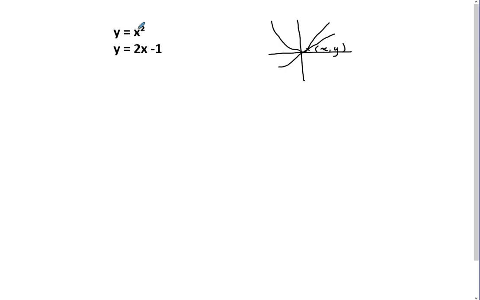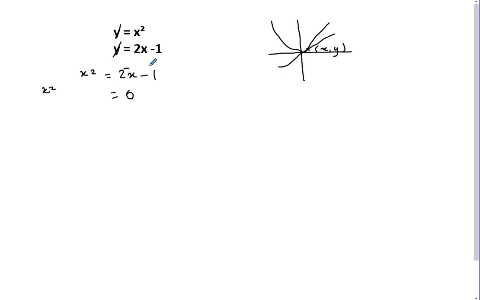So you go y equals x squared, y equals 2x minus 1. If y is that and y is that, then you can eliminate the y, and you've got x squared equals 2x minus 1. Now with most quadratic equations, we make one side 0, and because the x squared is on that side, we will do the opposite here so that we can take it to the other side.